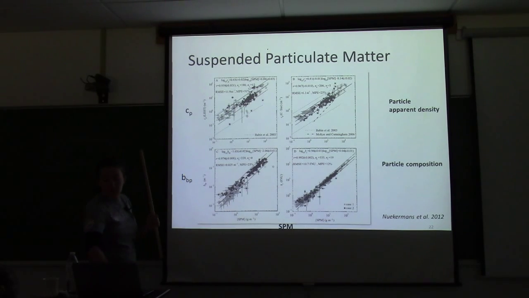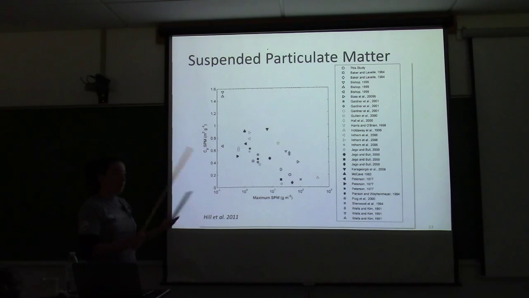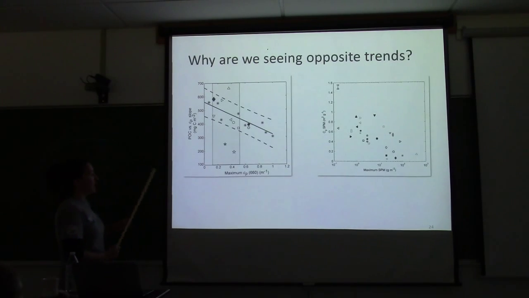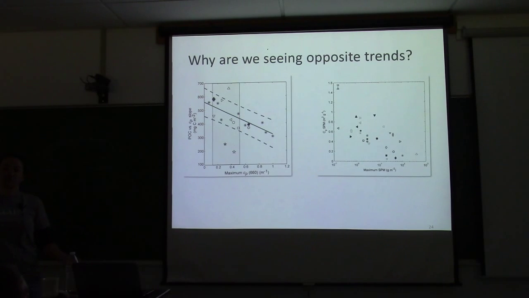And then there was that graph that Emmanuel showed just before, where we have seen similar trends. It was a similar graph to the one we have made. So Paul Hill is going to give a talk about this, where he plotted CP over SPM versus maximum SPM. If you compare these two graphs, they're actually going in opposite directions.